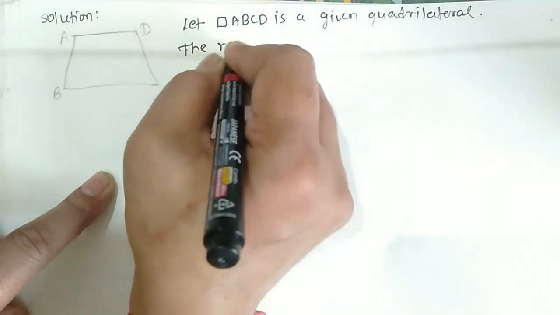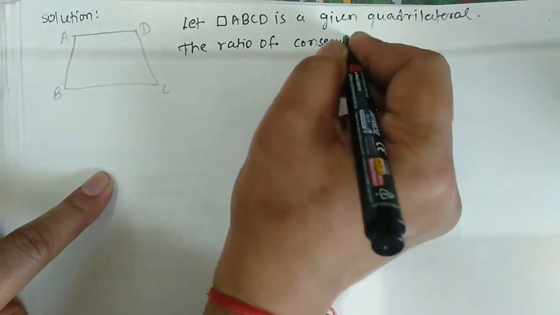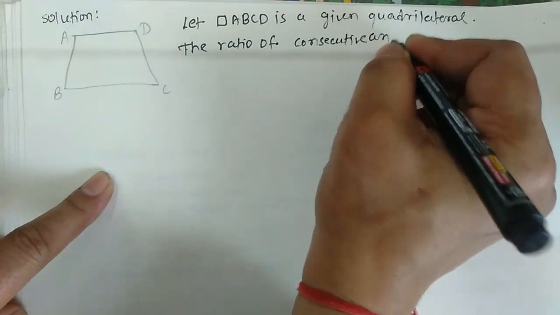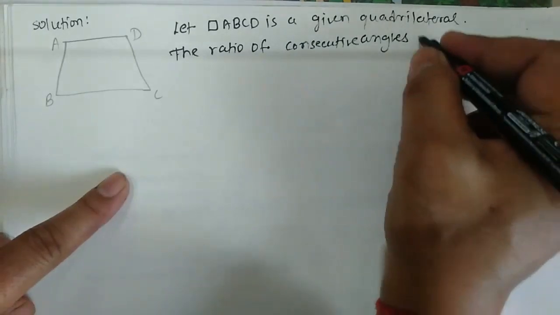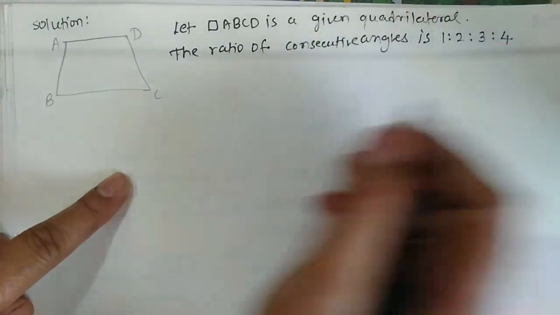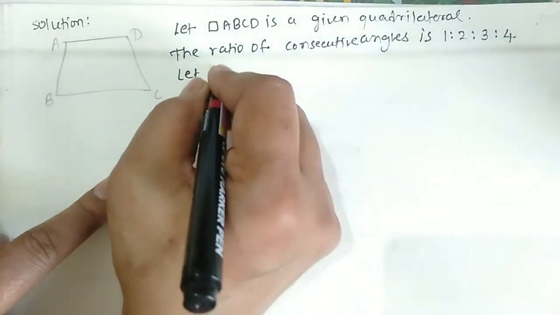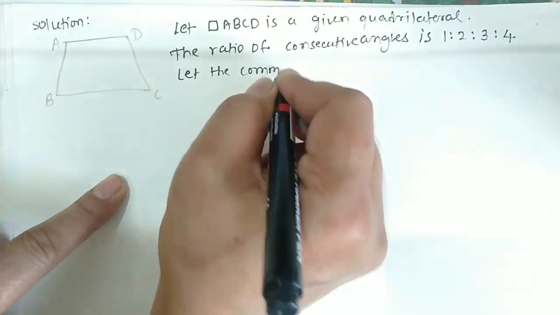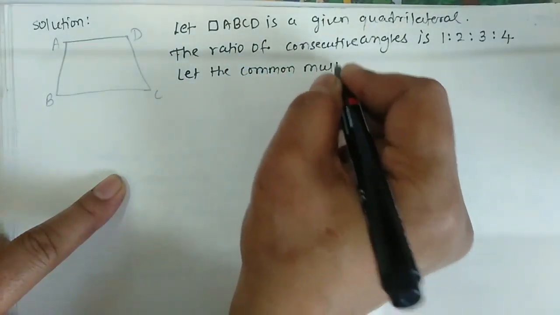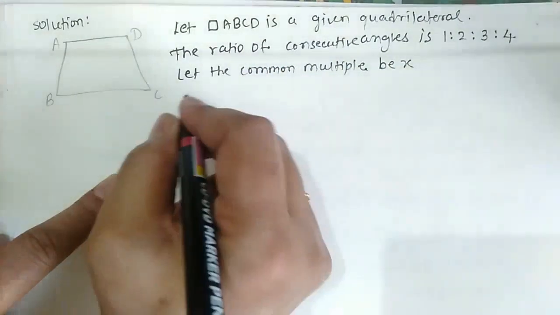Therefore, the ratio of consecutive angles is 1:2:3:4. So let the common multiple be x.